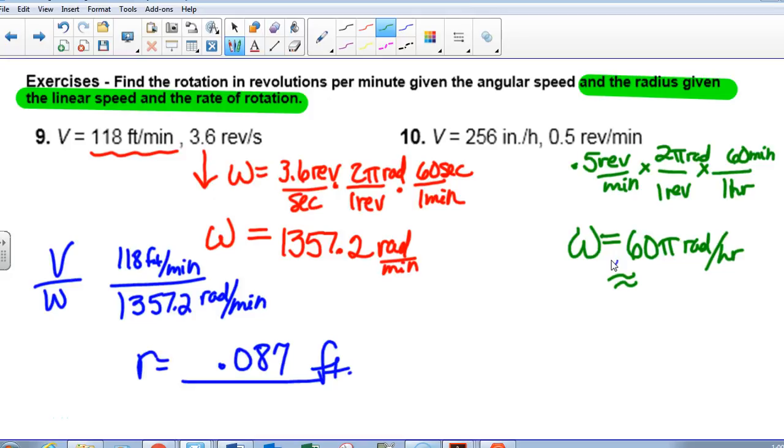Anybody get like 188.5 for the angular? And then we have linear divided by angular to give us radius.